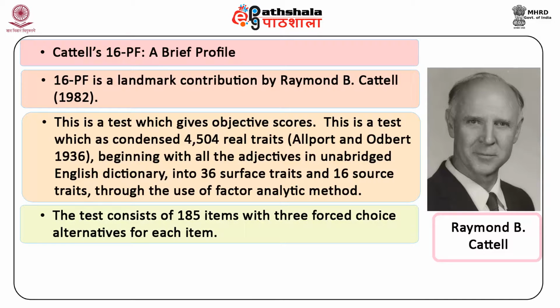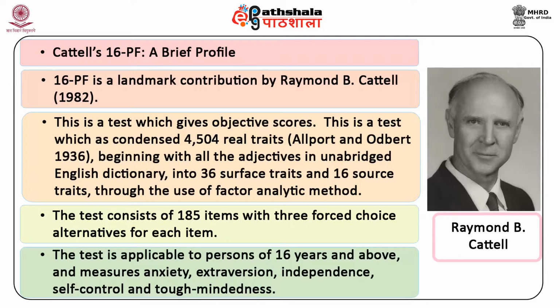The test consists of 185 items with 3 forced choice alternatives for each item. The test is applicable to persons of 16 years and above and measures anxiety, extraversion, independence, self control, and tough mindedness. It gives the most complete coverage of the personality possible in a brief time.